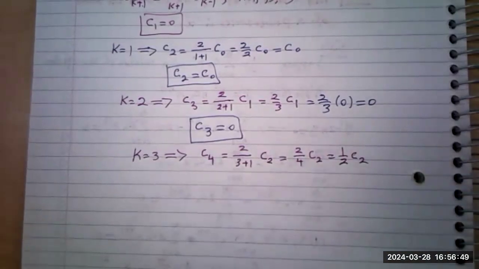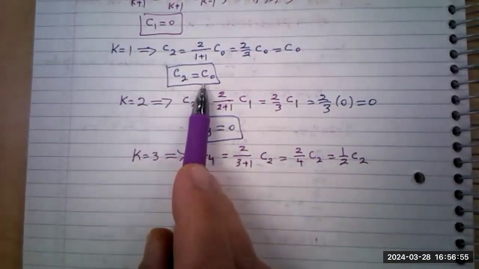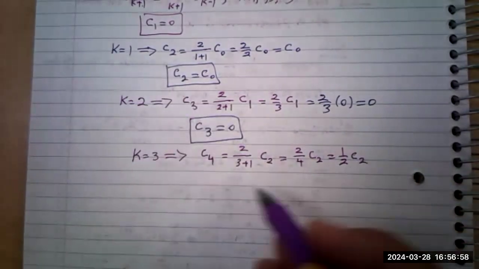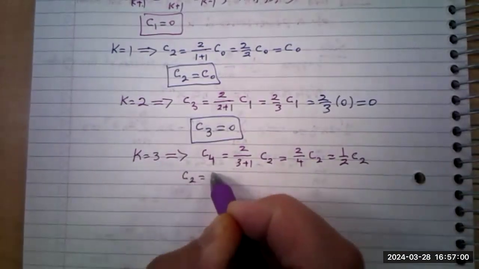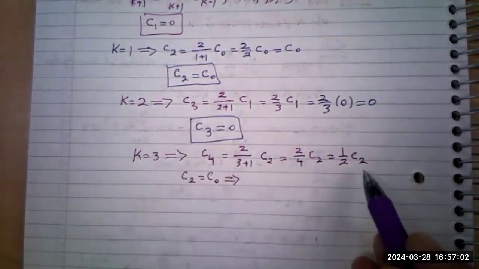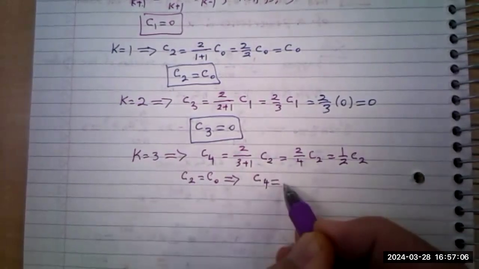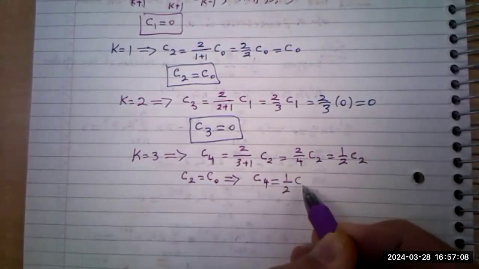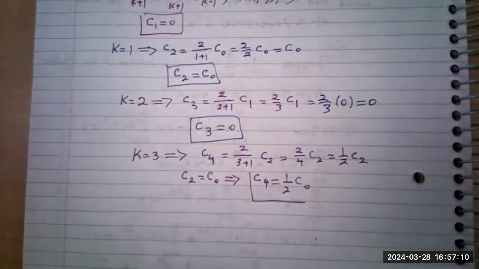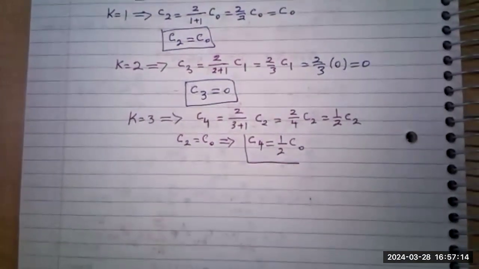But remember, C2 is C0. So C2 is equal to C0, which implies that C4 is going to be 1/2 of C0. Okay, so that would be C4.